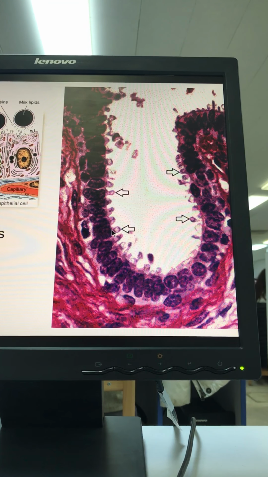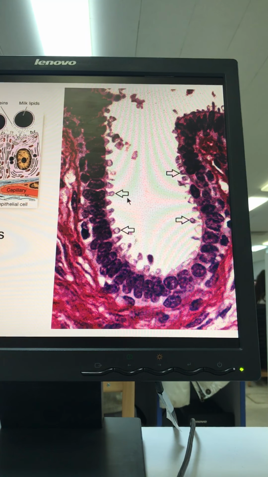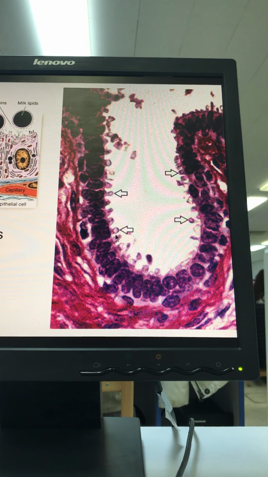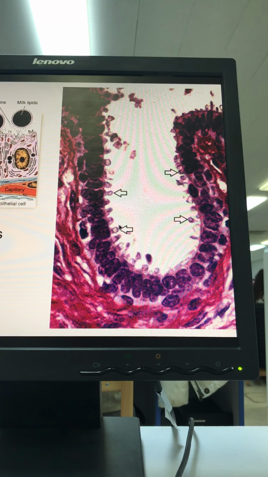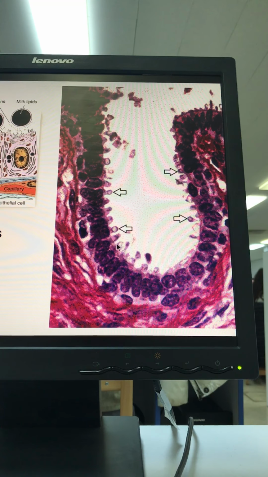Apocrine secretion. This is a section from a mammary gland. The type of secretion shown here is enough to tell that it is a mammary gland.